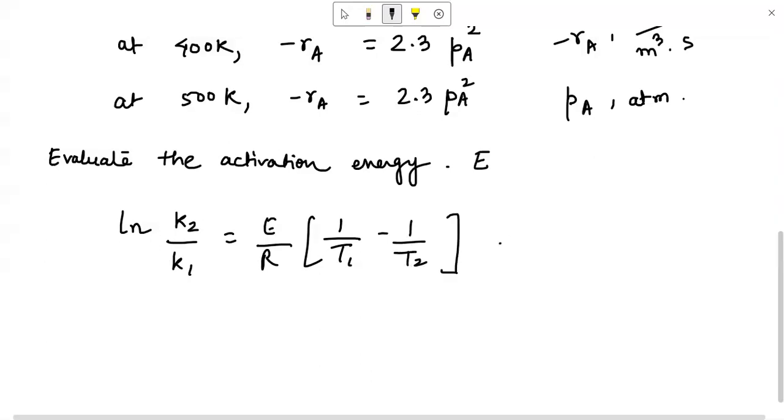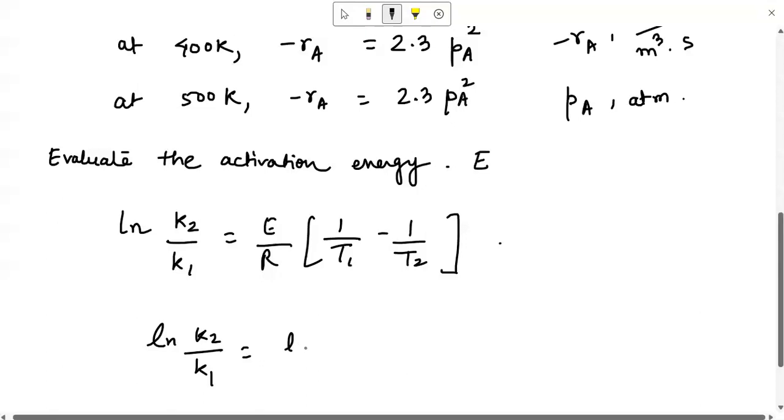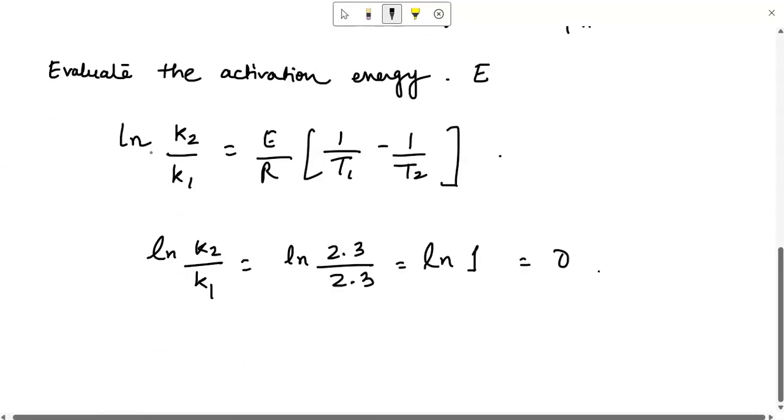Let us go through the calculations with the pressure units itself. ln of k2 by k1 becomes ln of 2.3 by 2.3, which is ln of 1, and that becomes 0. If your left hand side becomes 0, then obviously E is equivalent to 0. But this is not correct.